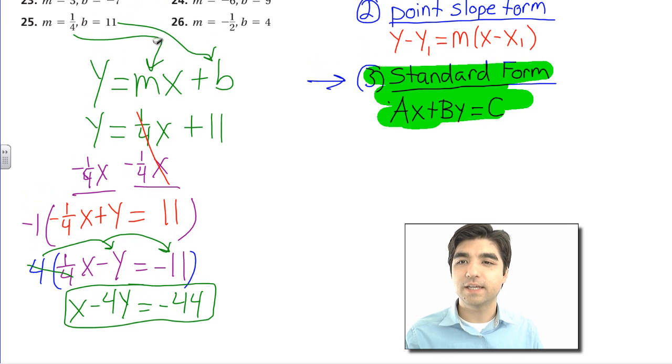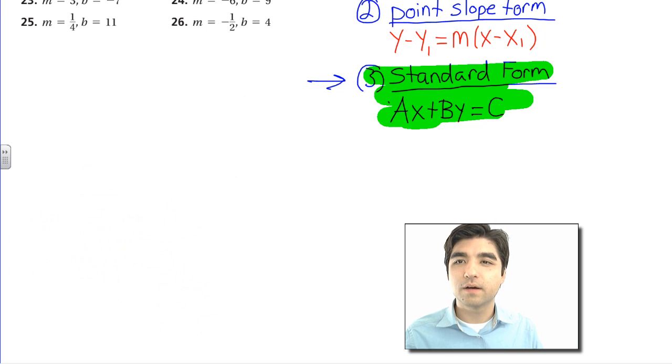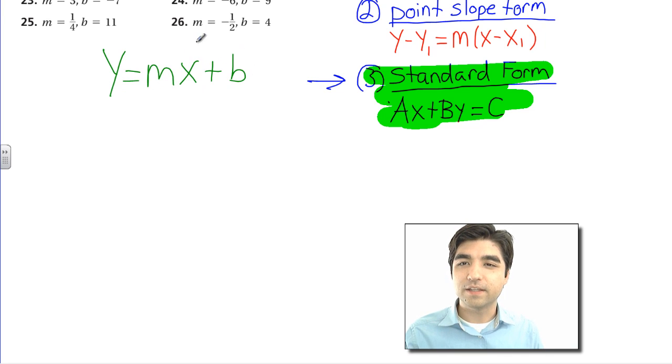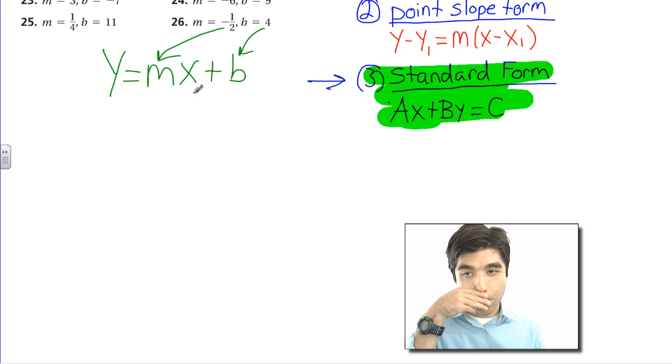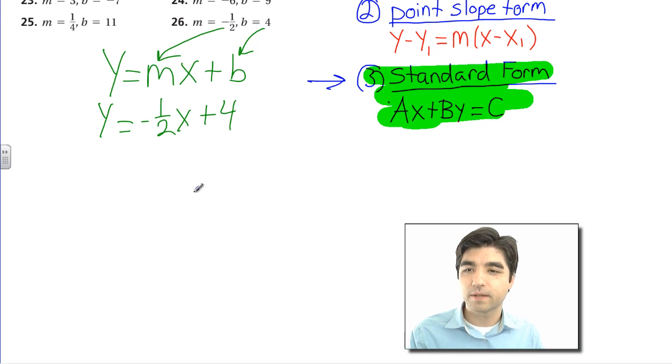So then let's take problem 26. On problem 26, we just write the same exact equation again. And then you put the m in for here and the 4 here. So we have y equals negative 1/2 x, and then the b, which is plus 4.